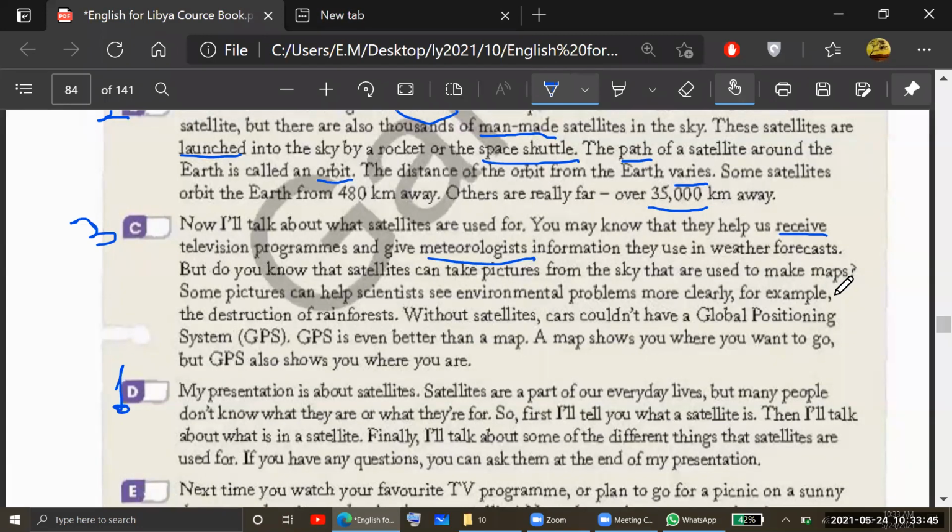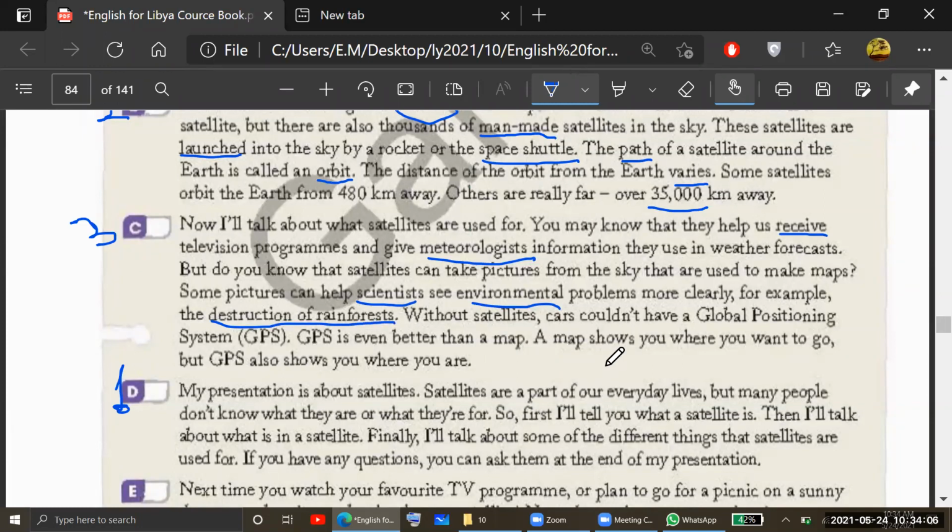Some pictures can help scientists, العلماء, see environmental problems more clearly. مشاكل البيئة. For example, the destruction of rainforest, تدمير الغابة المطيرة.